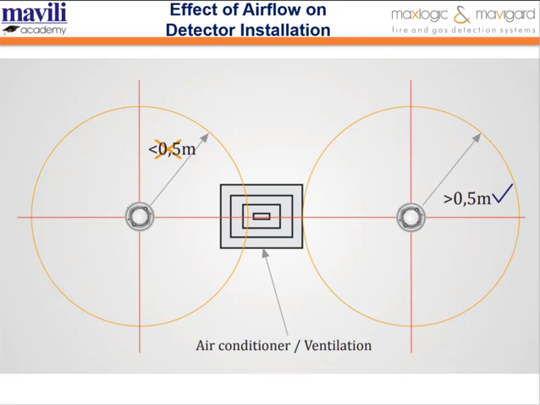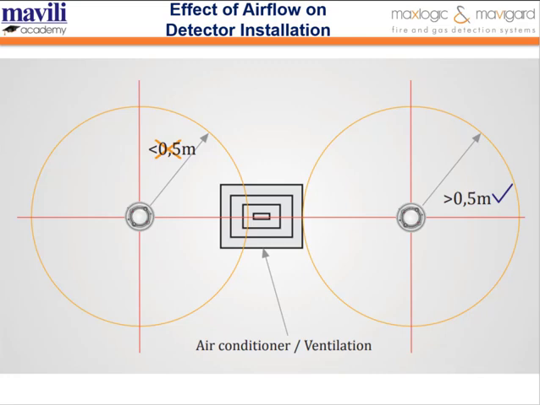Strong air movement can delay, dilute, or redirect smoke, which may prevent the detector from detecting smoke quickly and accurately. To avoid this problem and ensure stable operation, detectors should be installed at least 0.5 meters away from ventilation grills or air conditioning outlets.